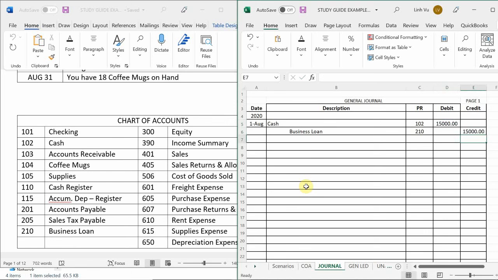Now it's up to you if you want to use descriptions. Okay. This one's pretty straightforward. You borrowed money from a bank, right? Since this is your work, it is up to you if you want to have full-on descriptions or not. Remember, this is an exam, so I don't expect you to fill out the entire journal 100% because I'm not going to be watching you, or this isn't a free response. So that one's pretty straightforward.